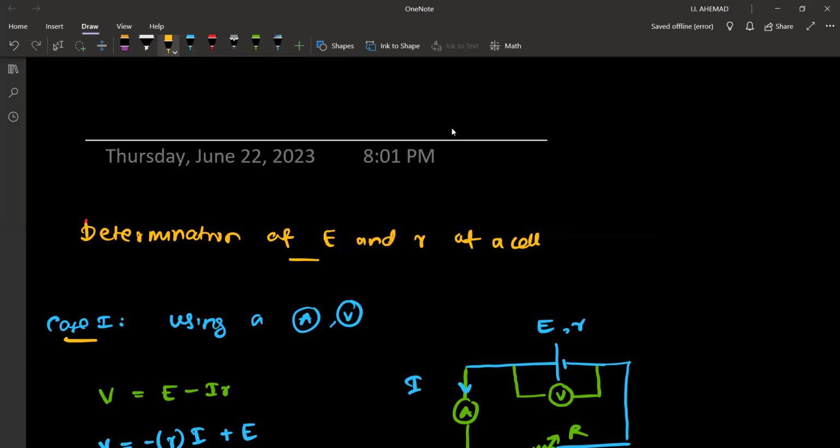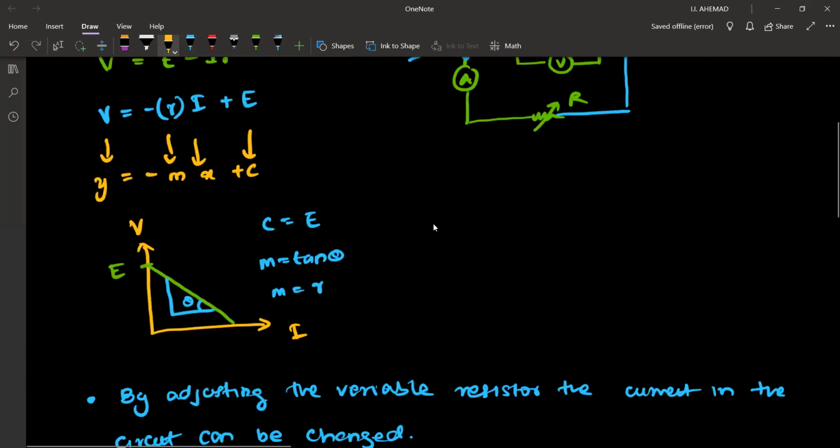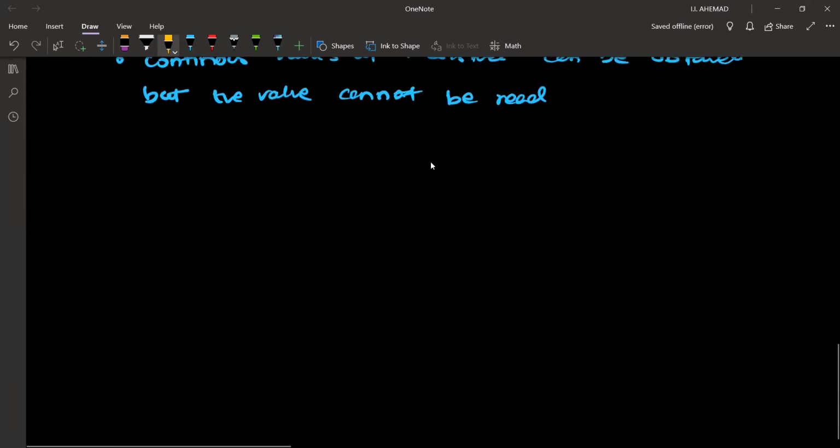So that is case 1, case 2, using ammeter and resistance box.